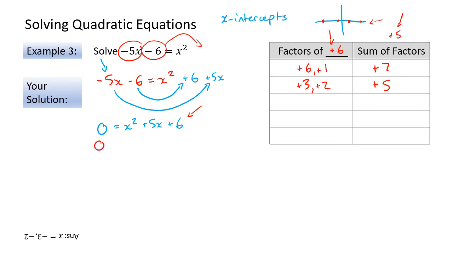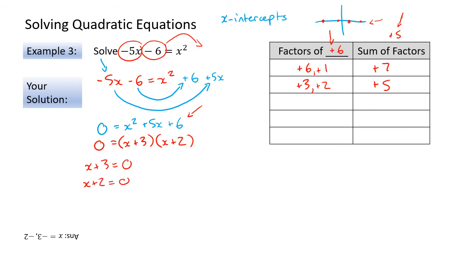Substituting that in, we get that 0 is equal to, again, x plus the first term, 3, times x plus the second term, which is 2. Okay, so now we see we have two instances here where the left-hand and the right-hand side are going to be equal. We have if x plus 3 is equal to 0, or the first term in brackets, and if x plus 2 is equal to 0.